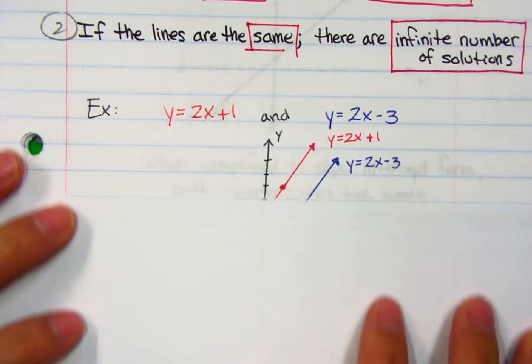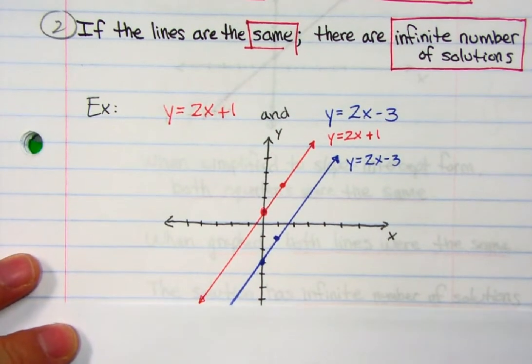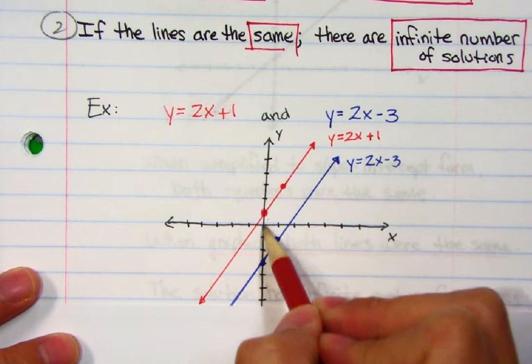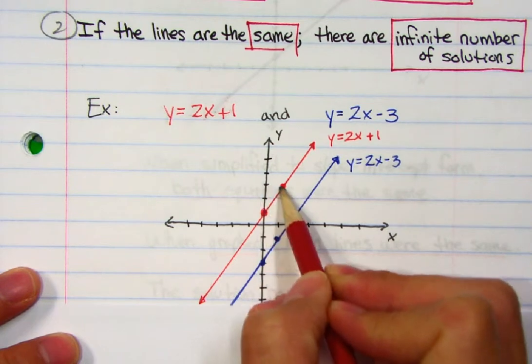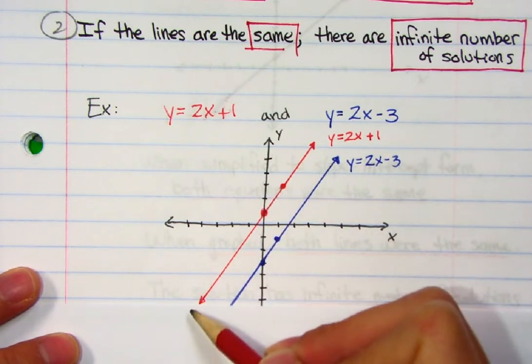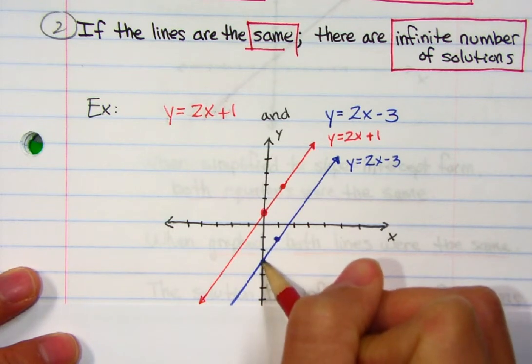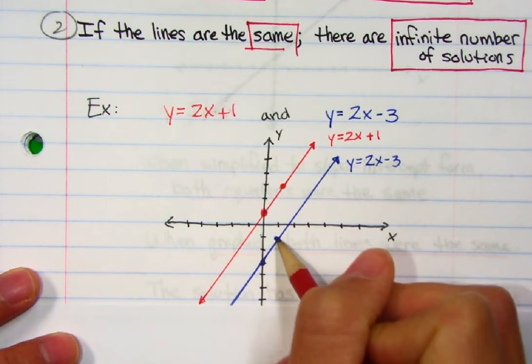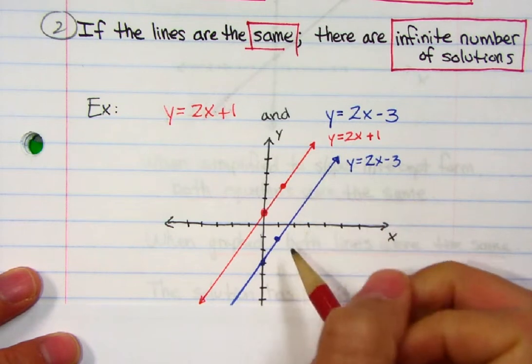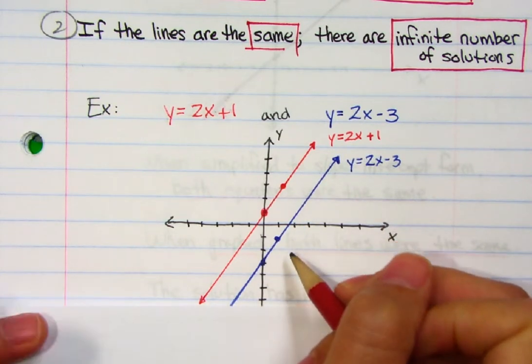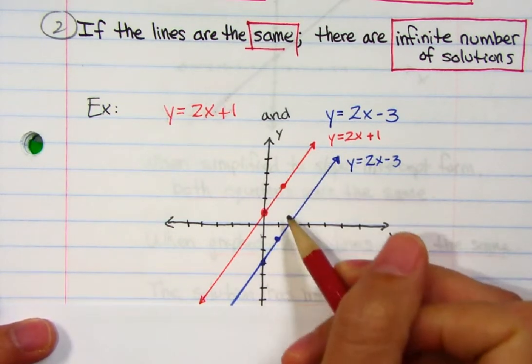So we're going to go ahead and graph these two. The red one here, I started at 1, I moved up 2 and over 1, and I graphed that line. The second one, this person started at -3, went up 2 over 1. And they ask, at what point will they have the same amount of money? Well, they'll never have the same amount of money.